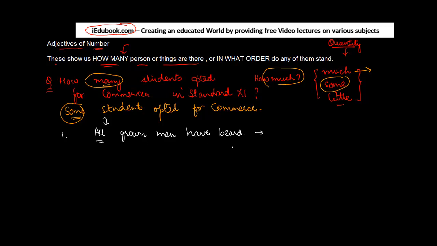It sounds a little absurd. But if you say how many men have beard, you can answer it using this particular word all. So all basically is an adjective of number. It's answering the question, how many persons or things are there? Let's take another example.